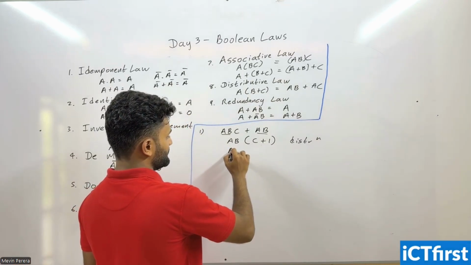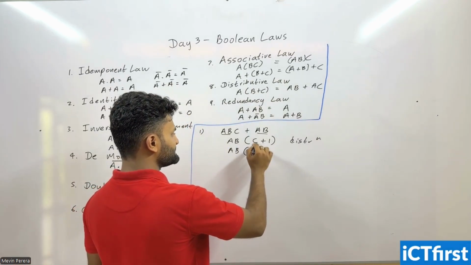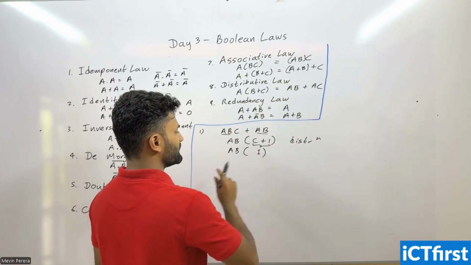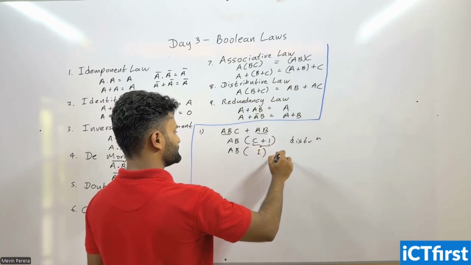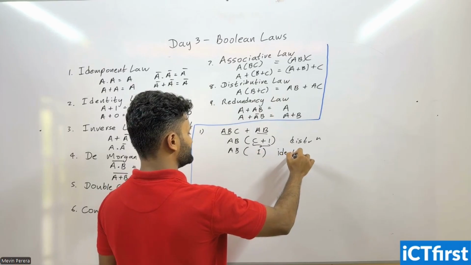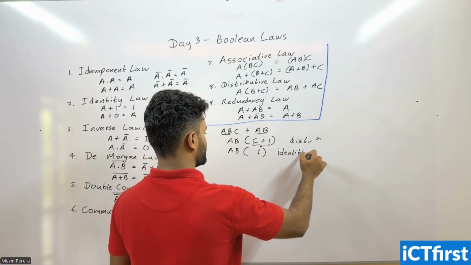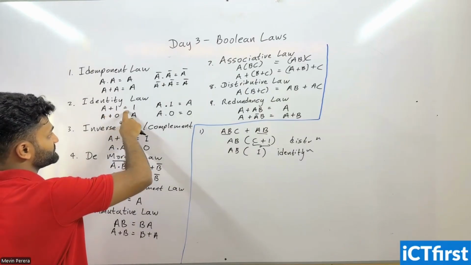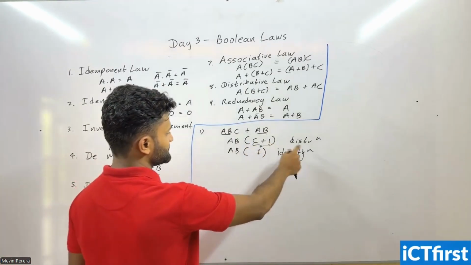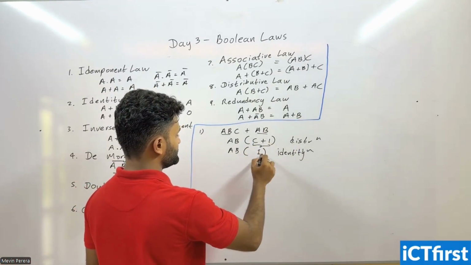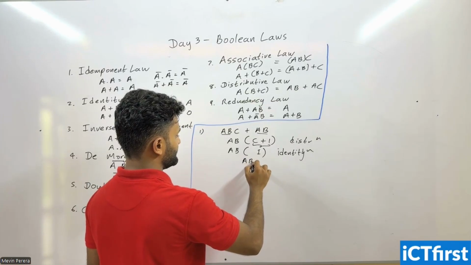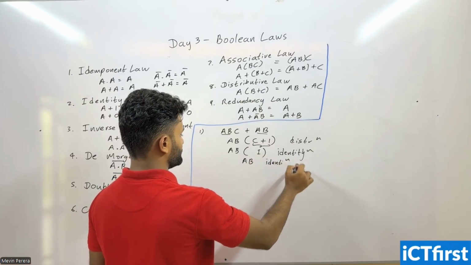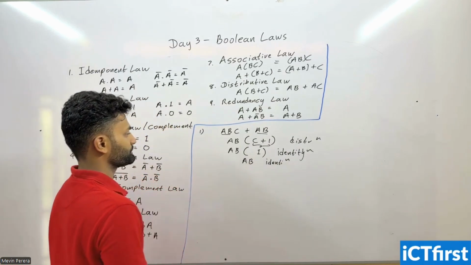So C plus 1 is equal to 1. What is the law? C plus 1 is equal to 1 is the identity law. A plus 1 is equal to 1, and similarly C plus 1 is equal to 1. Then AB into 1 is AB. That is also the identity law, right?